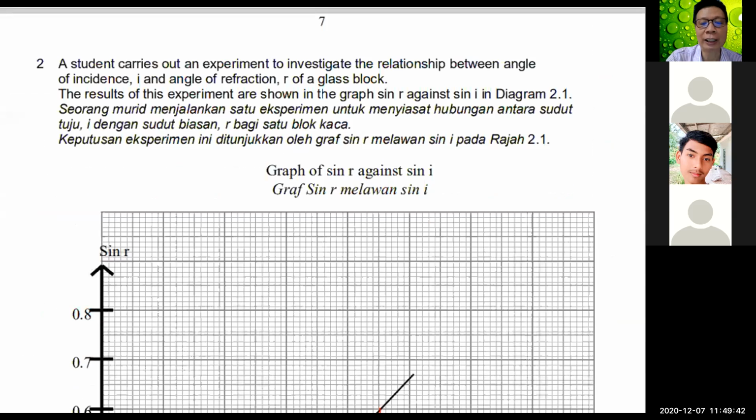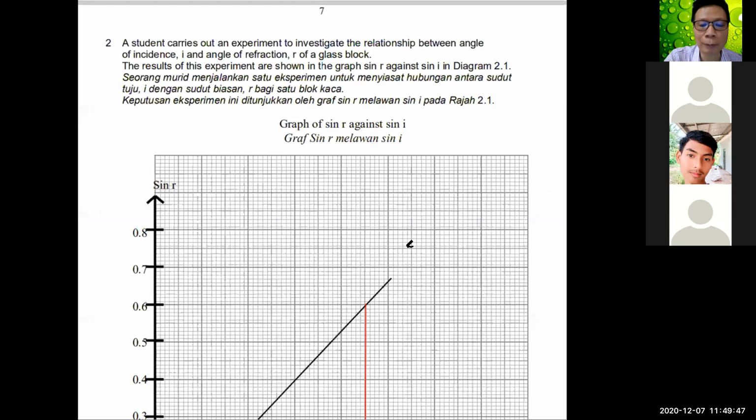Now in this question you are given a graph. You know why I want you to focus on paper 3? Because in the last few days I sat down quietly and thought about it. Paper 3 can give you a lot of marks, and it's not so difficult.